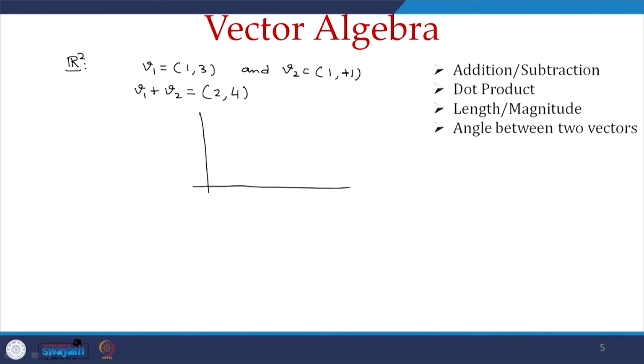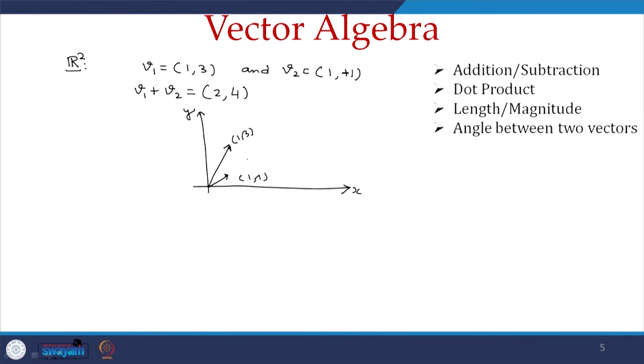Geometrically, let me take x and y axes. v1 is (1, 3), so this is my vector v1, which is 1 and 3, and v2 is (1, 1), so this is my vector (1, 1).